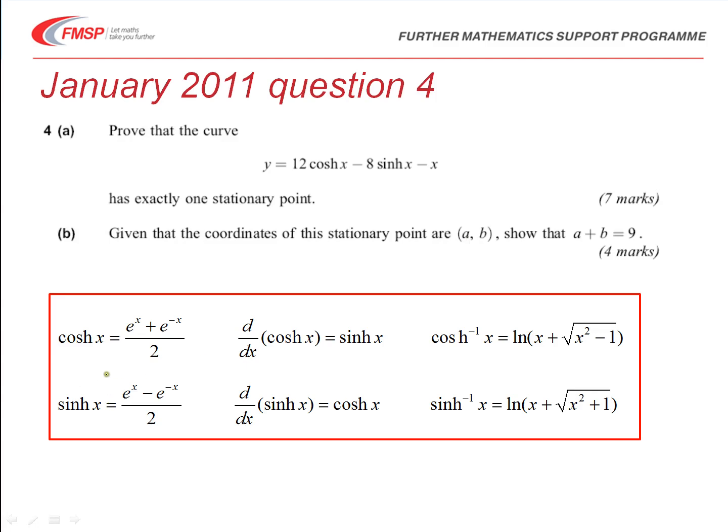Remembering for the hyperbolic functions, some key results we need to know are the forms of cosh and sinh in terms of e to the x, and that the differentials of cosh and sinh are each other, and maybe we might need the inverse cosh function or sinh function, depending on how things work out.